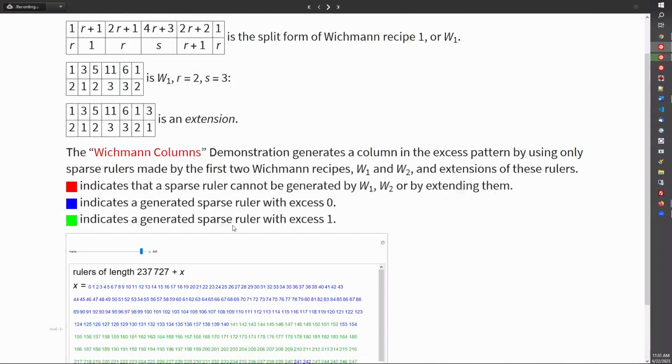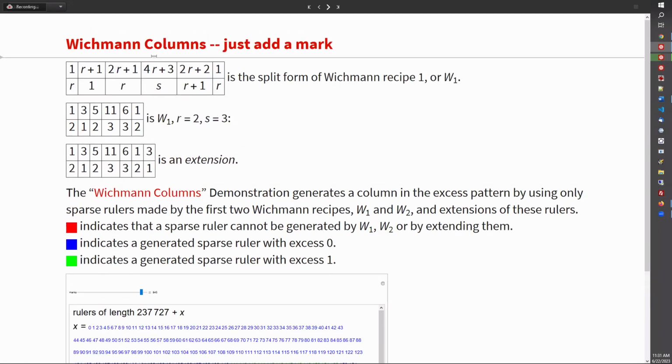everything always worked. So basically for rulers under a length of 1,000,000, there are some problems that need to be solved. But for everything greater than 1,000,000, just using the Wickman recipe and adding a single mark solves everything. So it turns out for this problem, it's a rare case: the big values were easy to solve. It was the small values that caused problems.